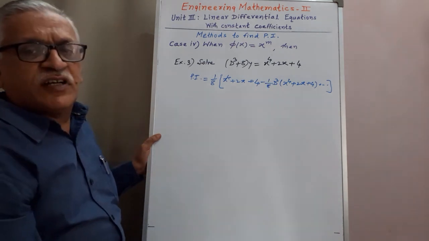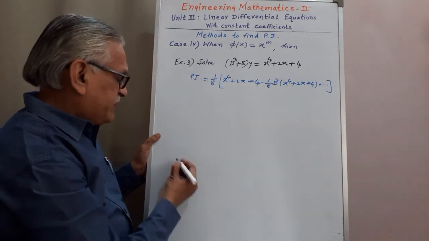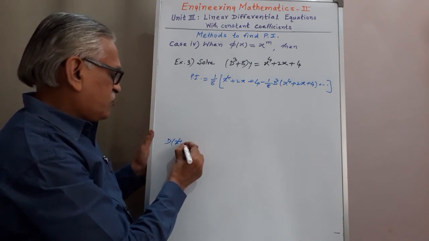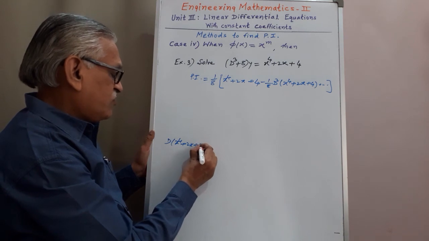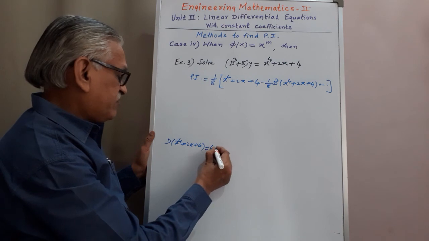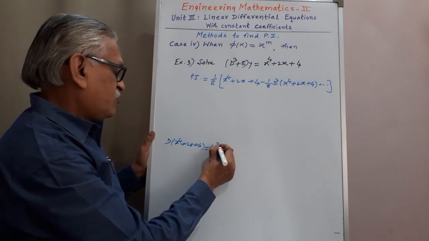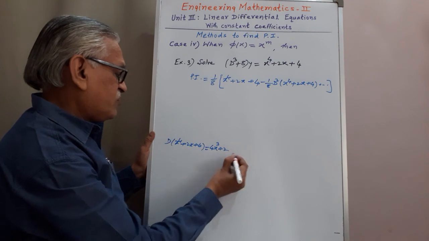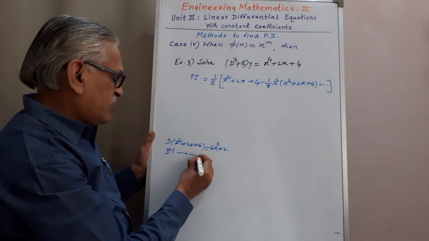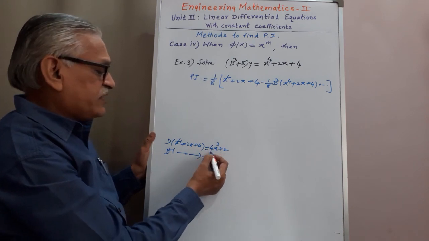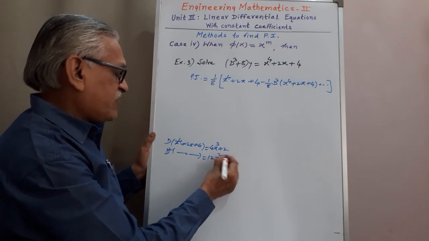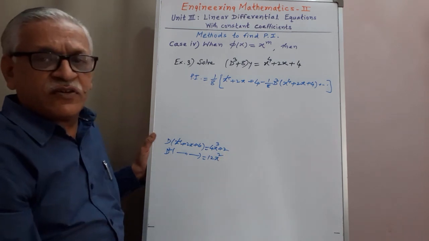Here we need to find the third order derivative. The first derivative of x raised to 4 plus 2x plus 4 is 4x cube plus 2, since the derivative of 2x is 2. The second order derivative, the next derivative of this, is 12x square, and the derivative of that 2 is 0.